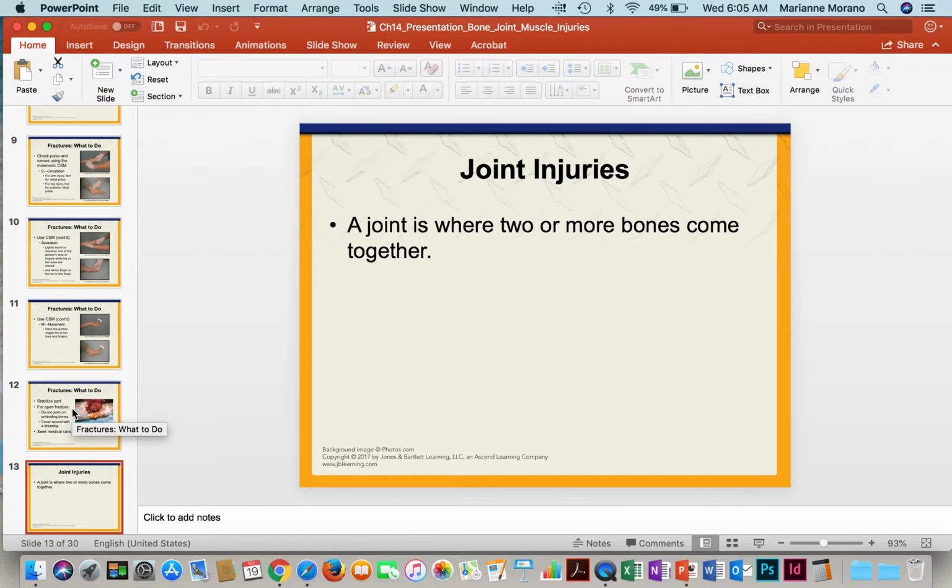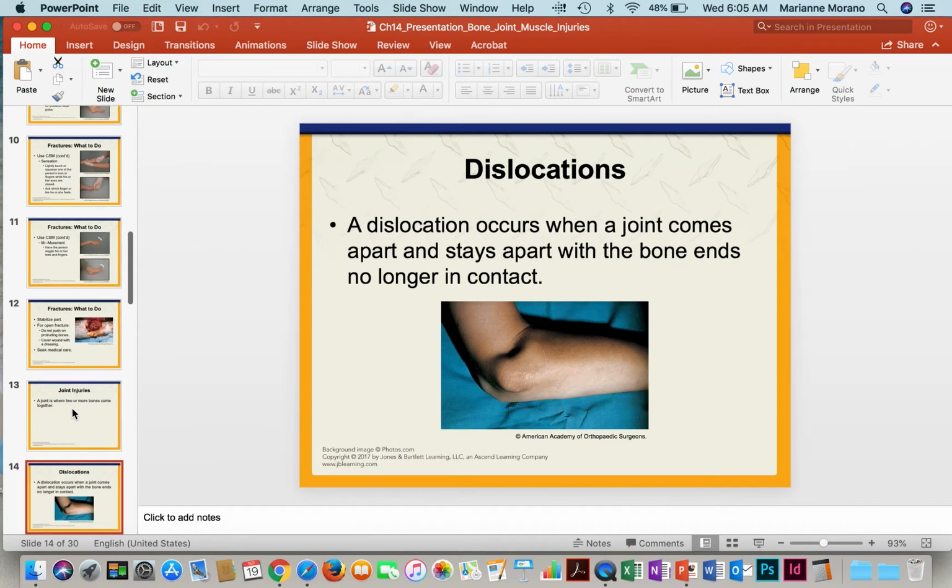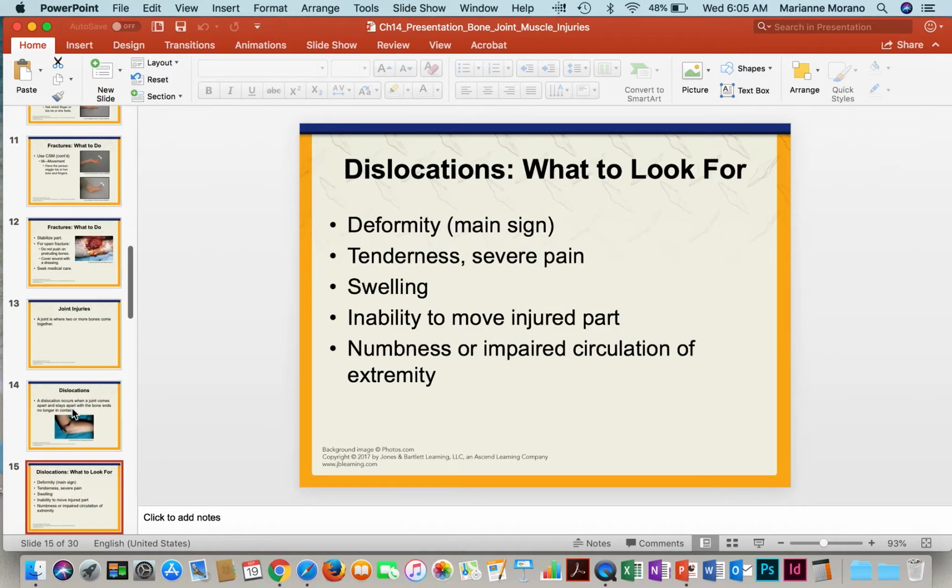Joint injuries occur, and a joint is where two or more bones come together. Usually what you see is a dislocation, and that occurs when a joint comes apart and stays apart with the bone ends no longer intact. And you can see that sometimes when you just look at an elbow that's been dislocated or a shoulder that's been dislocated, you can see that the joint is not intact.